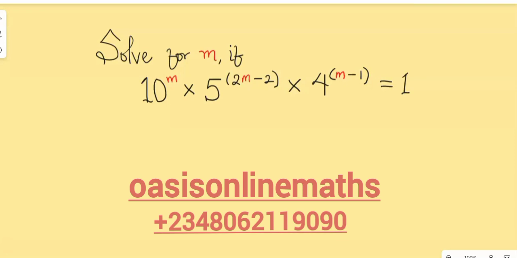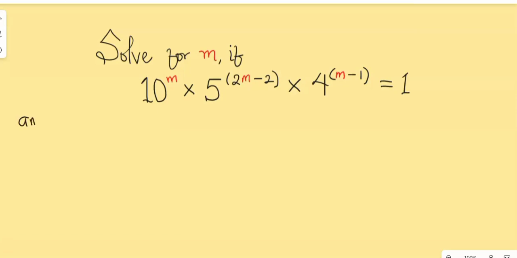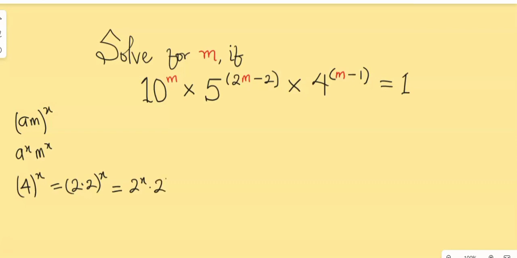Remember, there is a particular law that says if we have a multiplied by m, all raised to the power of, let's say, x, is the same thing as a raised to the power of x multiplied by m raised to the power of x. Likewise, if we have a numeric value, where we have 4 raised to the power of x, we can express 4 as 2 times 2, all raised to the power of x, where we can say that it is 2 raised to the power of x multiplied by 2 raised to the power of x.